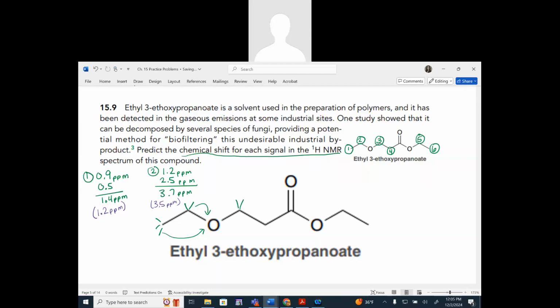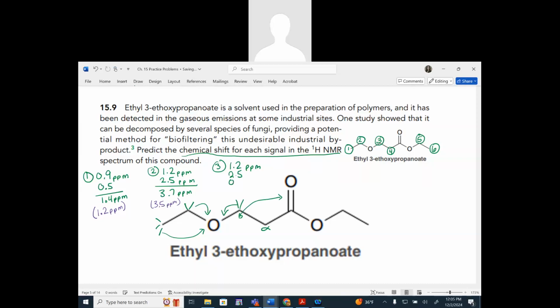protons. Now we have in our group 3 here, again, methylene protons, so 1.2 ppm to start. Then we see that these are alpha to the oxygen, so we add 2.5, and these are also beta. Here's our alpha carbon, here would be beta to this carbonyl.